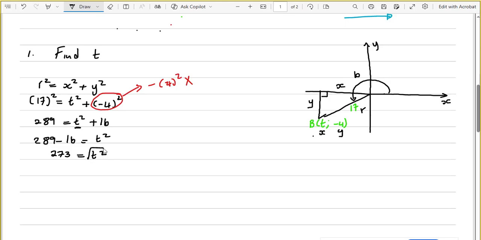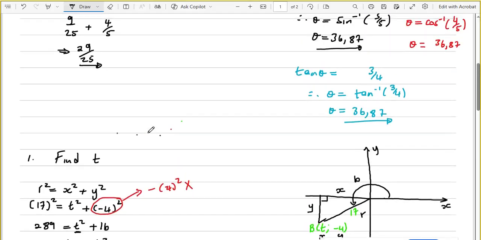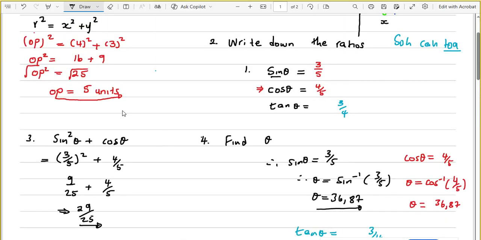To get rid of the squared, we square root both sides. Therefore, T is equal to the square root of the number, plus or minus. Even for this one, we were supposed to say the square root of this is plus or minus 5. Since the radius is positive, this will just be positive 5.